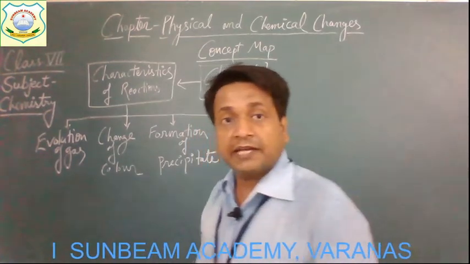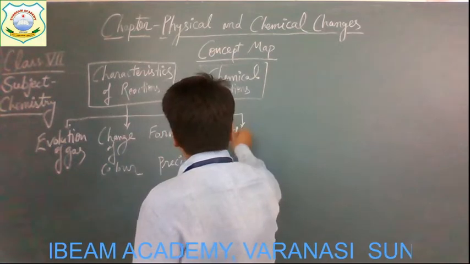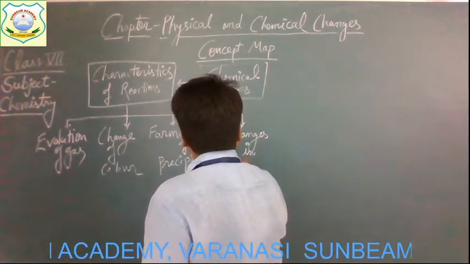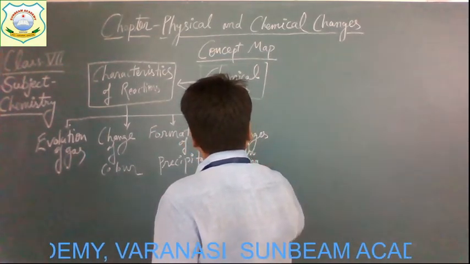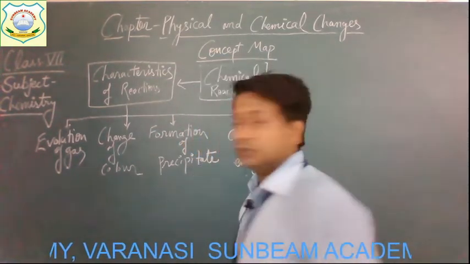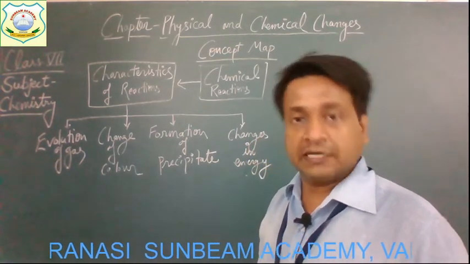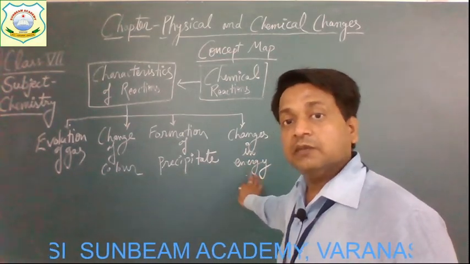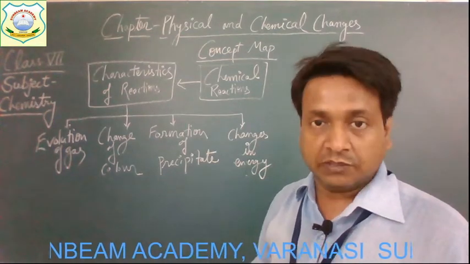Now the next characteristic of a reaction is changes in energy, and it is mostly the heat energy. In some chemical reactions, energy is produced, and in some chemical reactions, energy is involved.